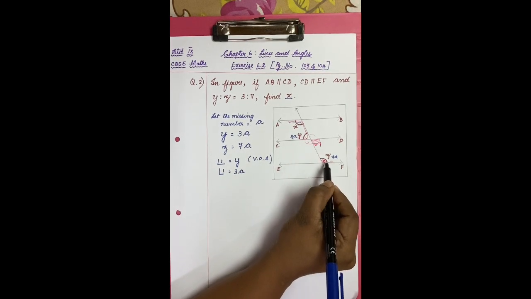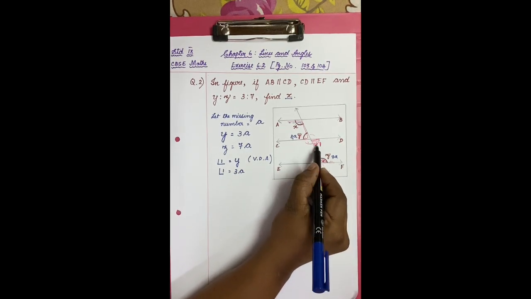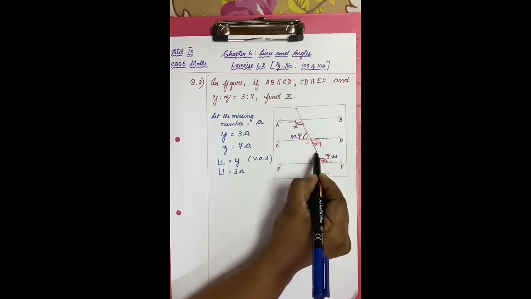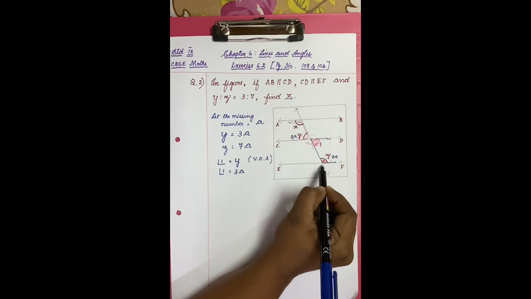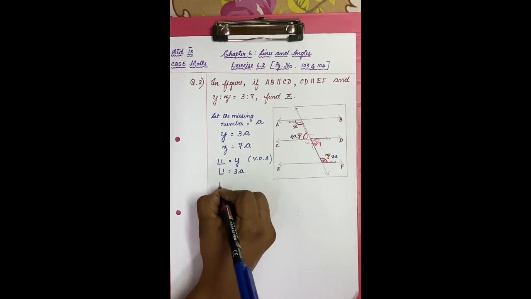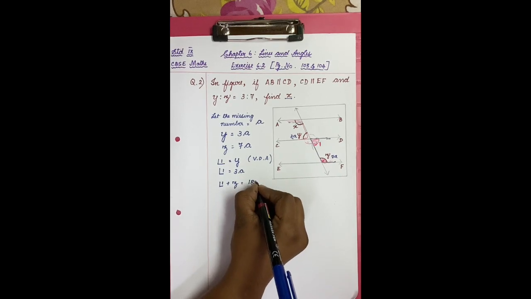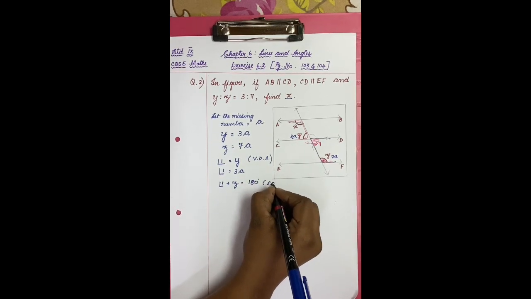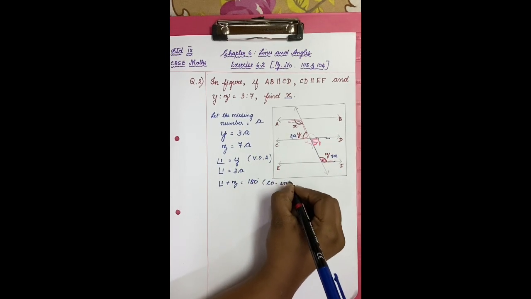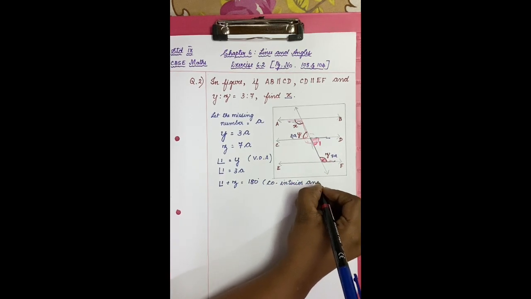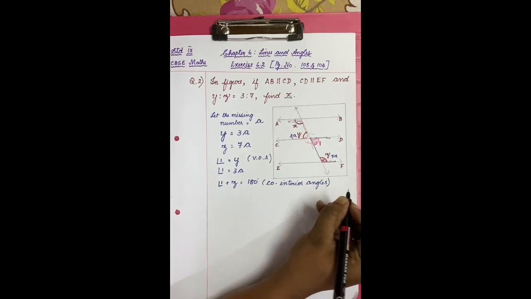Again, angle 1 and angle z. What can I say about angle 1 and z? Yes, they are co-interior angles, in between the alphabet C. So angle 1 plus z is equal to 180 degrees, supplementary, because they are co-interior angles.